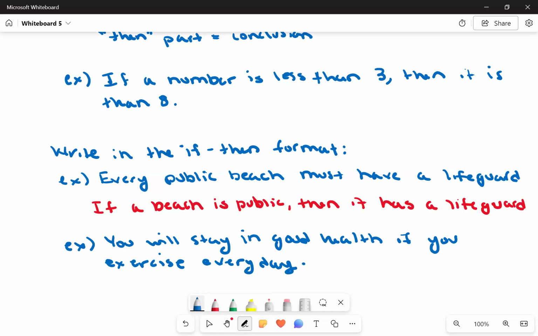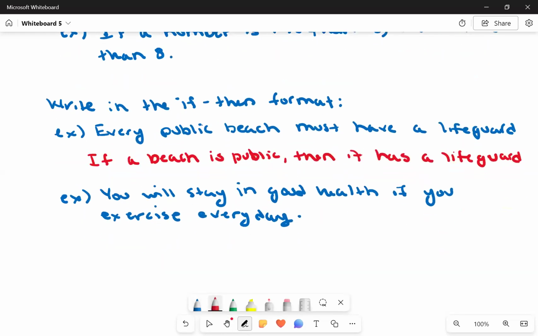All right. So in this case, they kind of put the conditional part at the end, right? The idea is if you exercise every day, then you will have good health. So let's write it like that. If you exercise every day, we conclude then you will stay in good health.